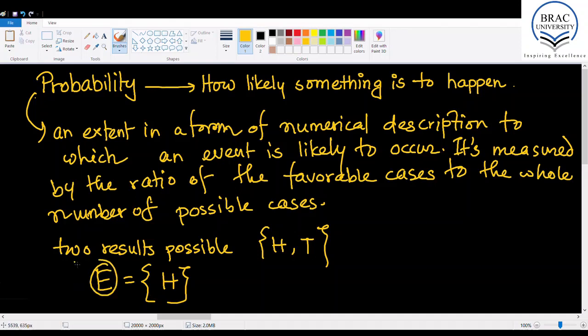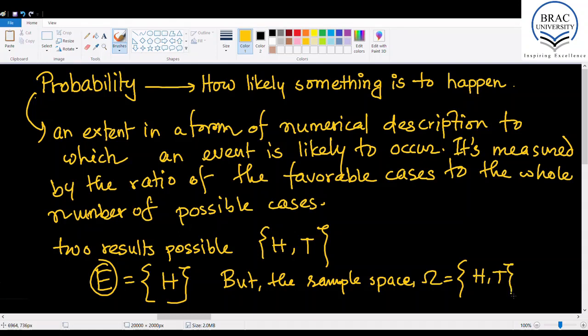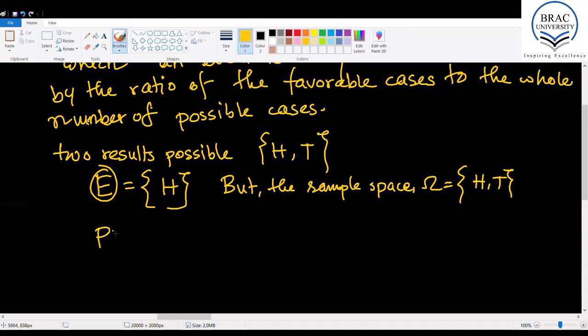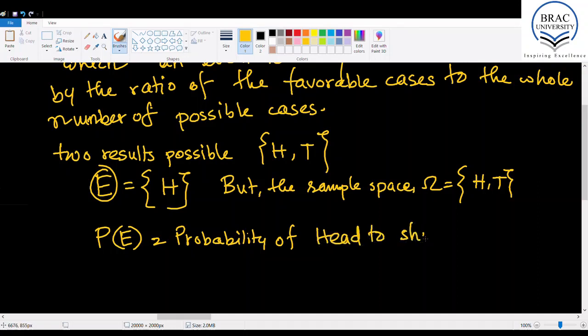But the sample space, say it's omega, has two elements in it, H comma T. Then what we actually do, for determining the probability of E, that means the probability of head to show up, equals the number of elements in E divided by the number of elements in the sample space, which is half.